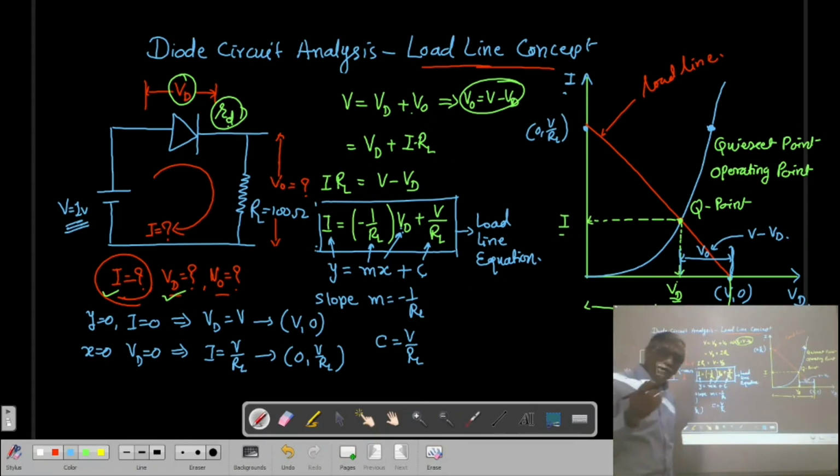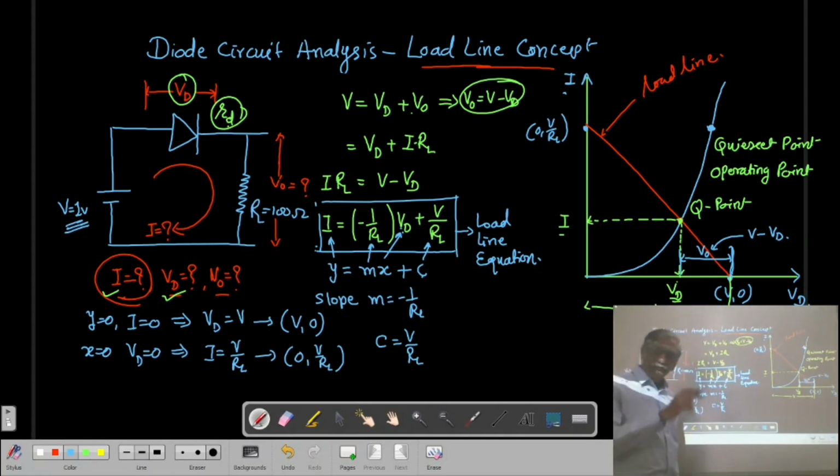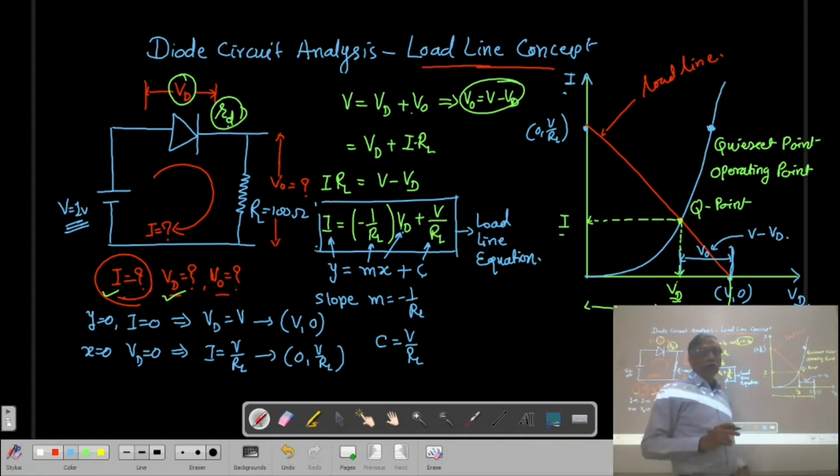If it is a linear region, you can estimate the resistance of the diode and you don't require a load line analysis. But if your input voltage is small, then we require the load line technique. Then we can find the current or the voltage by plotting a line on the characteristic curve. The same technique is also useful for the transistor, because the transistor also has non-linear characteristics. Whenever we have non-linear characteristics, the load line technique is very useful.